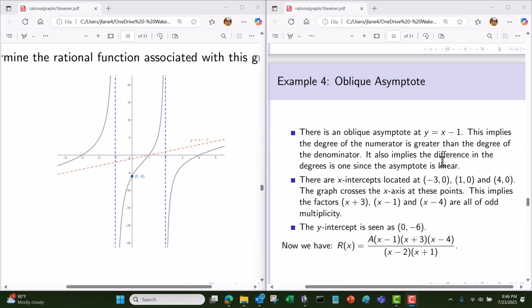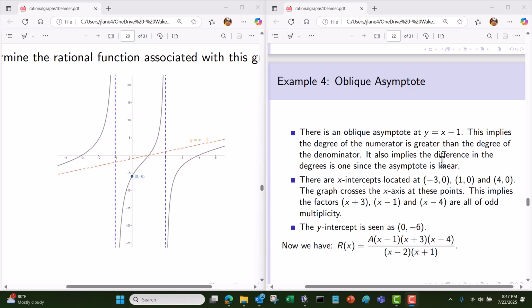We have x-intercepts located at (-3, 0), (1, 0), and (4, 0). The graph crosses the x-axis at each of these points. Remember, x-intercepts correspond to solutions to the numerator. So we have a root at -3, which means x plus 3 is a factor.